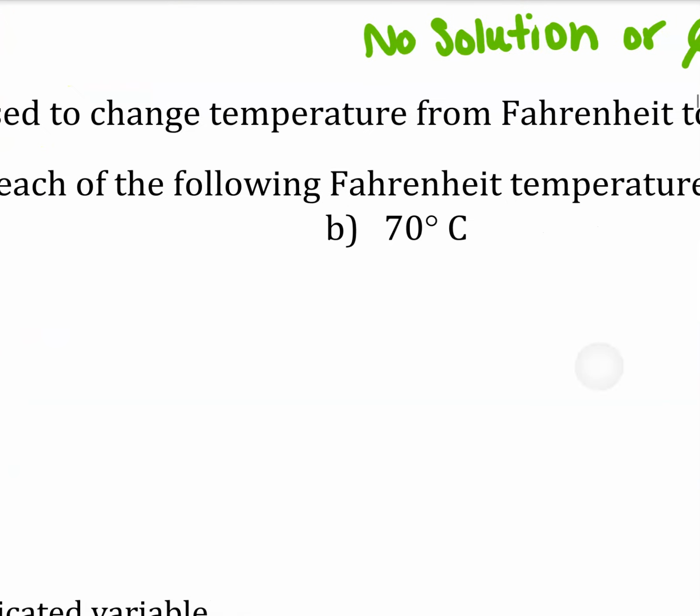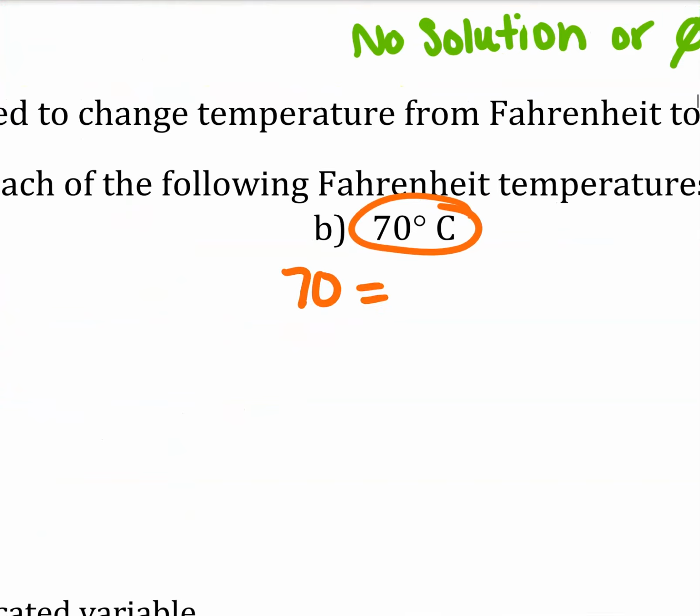Part B, you have the Celsius now. So if you go back to your equation, instead of the Fahrenheit, I'm going to put it in on the other side of the equation. I'm going to start with 70. So 70 equals 5 over 9 times Fahrenheit minus 32. Some of you are going to want to distribute.